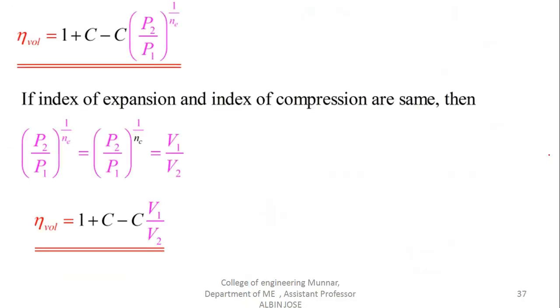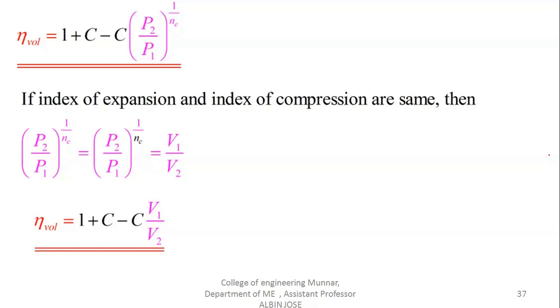Okay. And the efficiency equation expression is reduced to 1 plus C minus C into V1 by V2. This expression is valid only if the polytropic index of expansion and polytropic index of compression are the same.